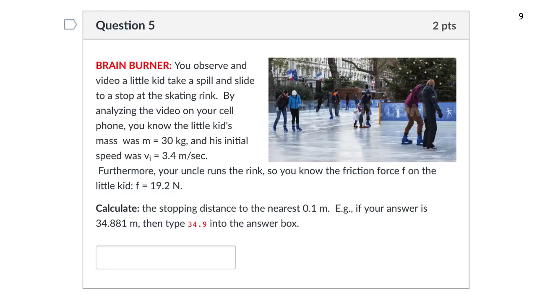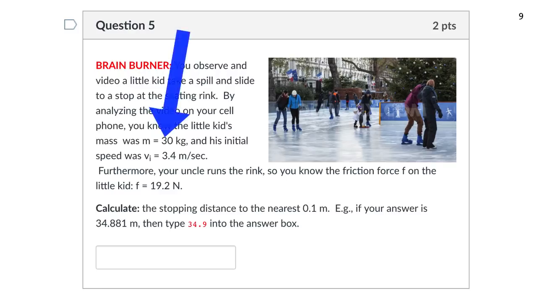You can get a stopping time from it, but it's asking about stopping distance. So if you answer the number of seconds in the stopping time, that's nice, but not the answer to this question. Right, so this question takes a little bit of fancy footwork, and I'll show you one of the methods today.